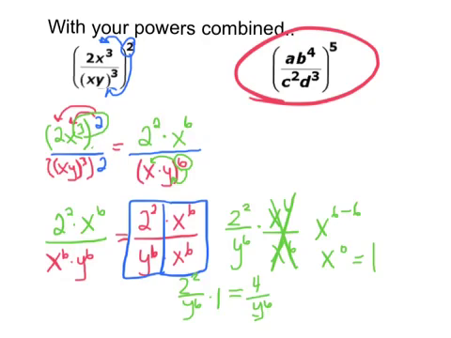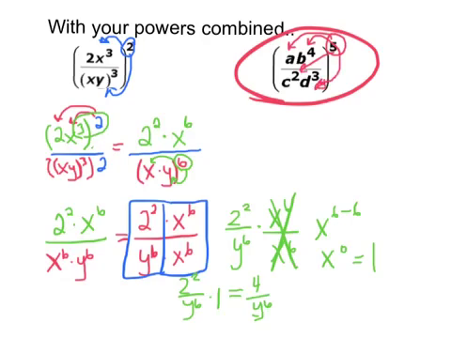And what you're going to end up finding is the answer, which, if I apply this, is a little bit more straightforward. So a to the 5th power, b to the 4th power, to the 5th power, here and here.